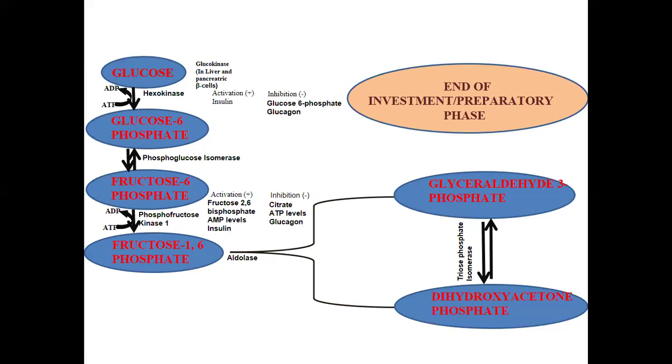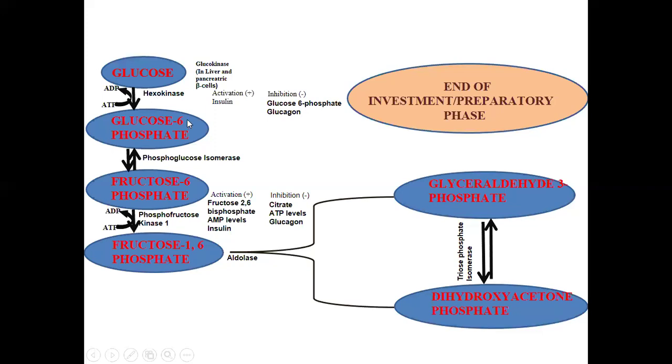Okay, so having said that, it's also important for you to note the regulators of this particular pathway. Before then, we have hexokinase here. We also have another enzyme that can convert glucose to glucose 6-phosphate. The name of that enzyme is called glucokinase, but you can only find this in the liver and the pancreatic beta cells. That's where you can find the glucokinase.